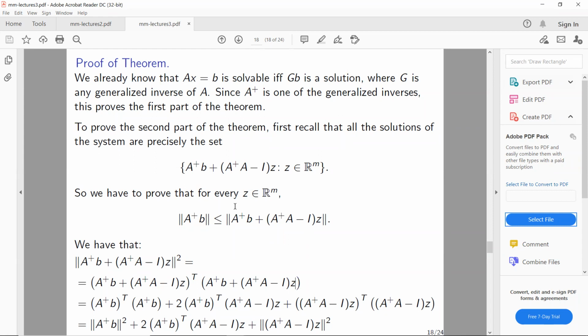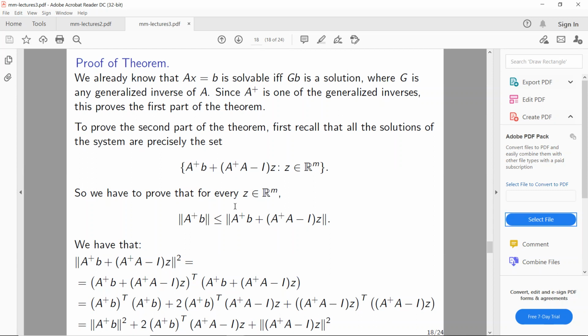But since V transpose U is just a real number, I get the same real number again. So V transpose U and U transpose V are the same real number, because if I transpose V transpose U, I get U transpose V. That's why I have 2 times this real number, plus the second components of both brackets.